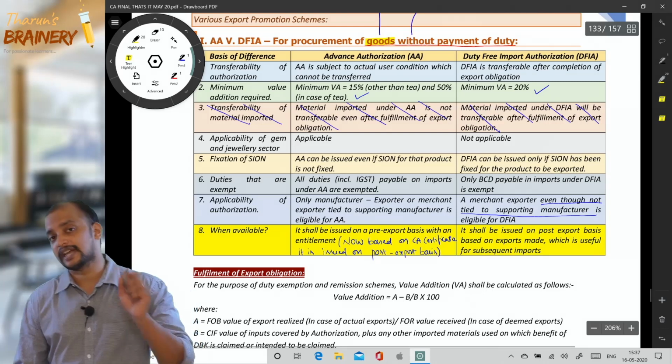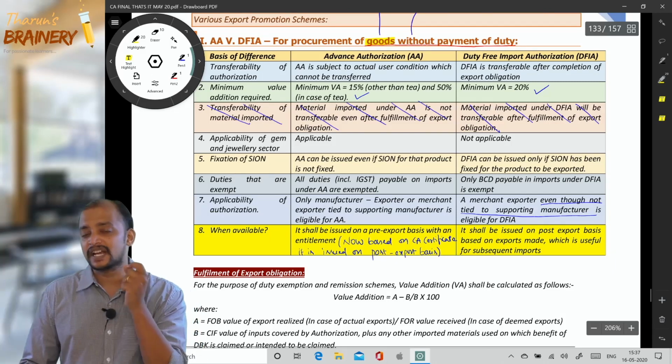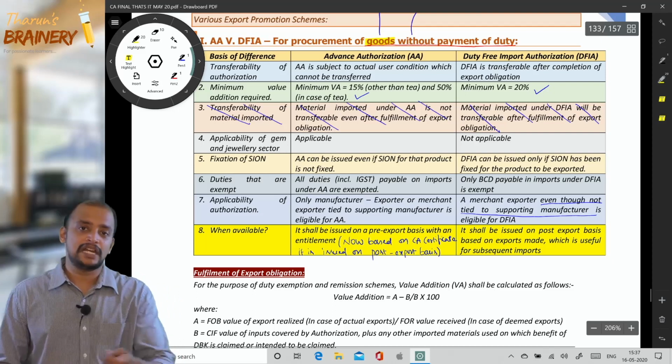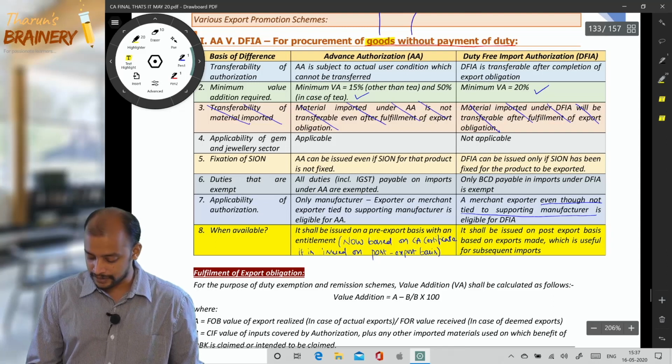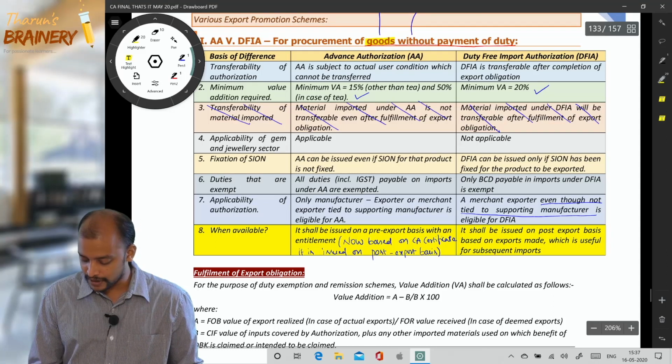For exports, you should always take FOB value for arriving at the value addition. Even otherwise, for valuation we take FOB value for exports and CAF value for imports. CAF value of imports equals rupees 100 lakhs.